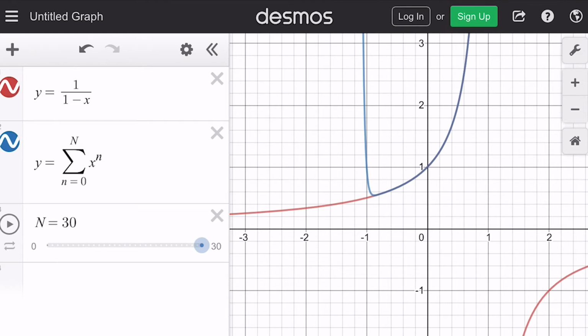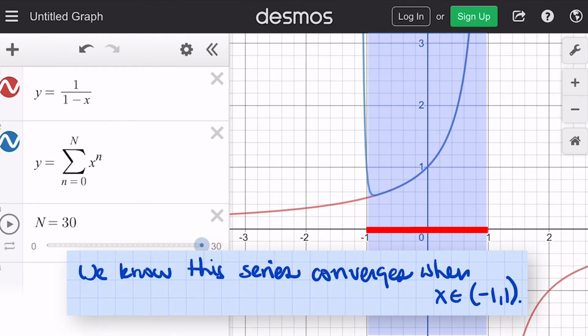However, this approximation is only good over the interval -1 to +1. And that's because we understand that the geometric series that this thing represents is only convergent when x is between -1 and +1.